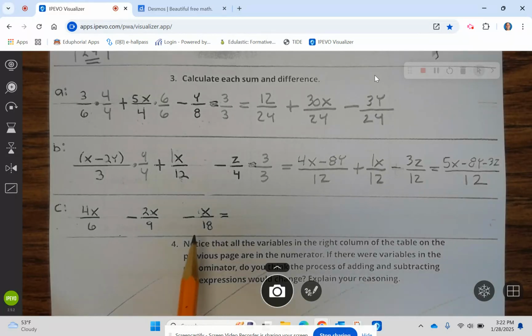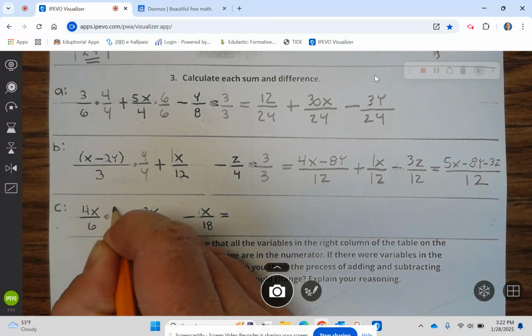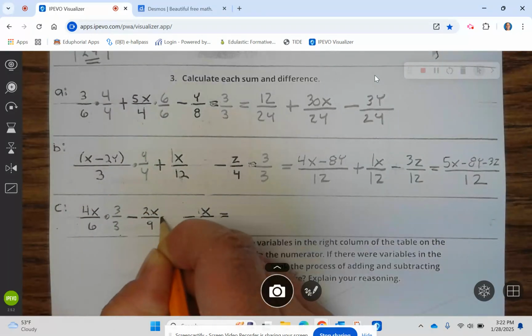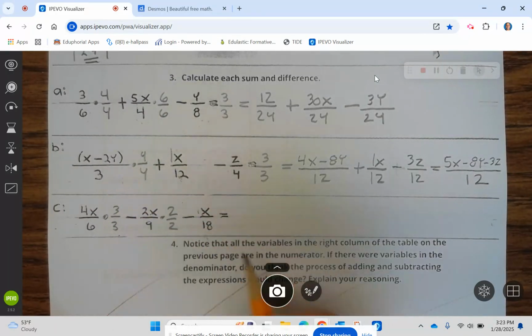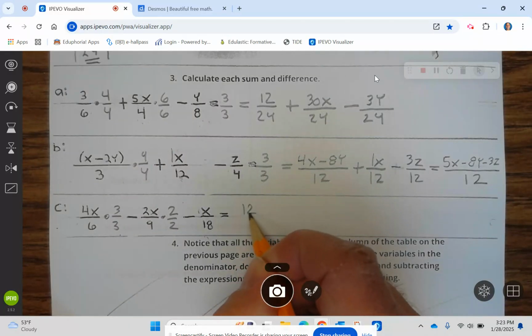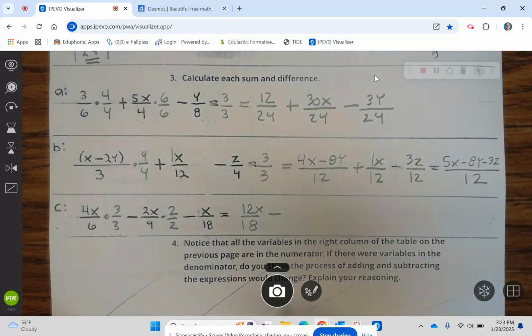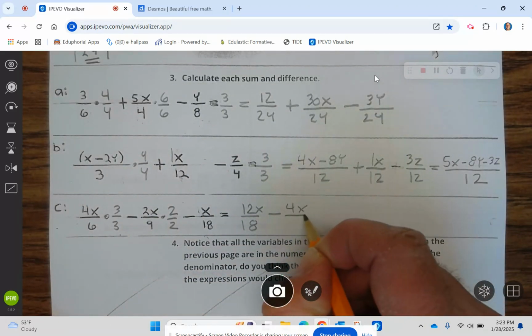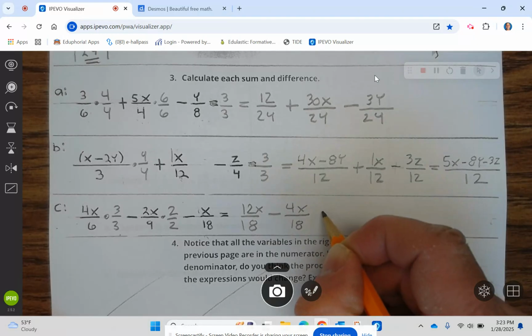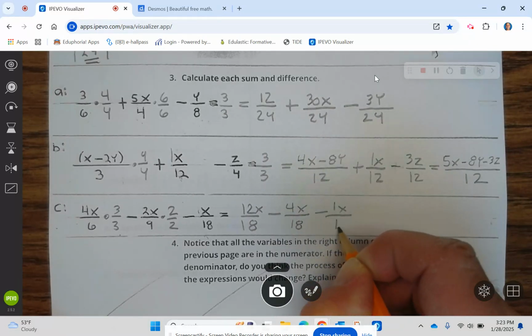So here, 18 looks like it's our common denominator, so we need to multiply this by 3 divided by 3, this by 2 divided by 2. So that becomes 12x divided by 18 minus 4x divided by 18 minus 1x divided by 18.